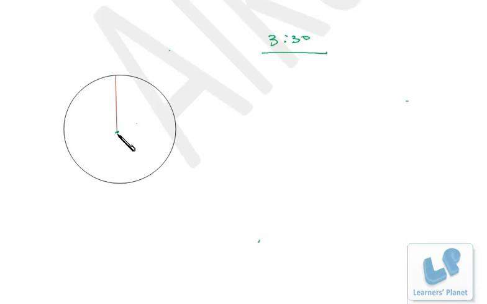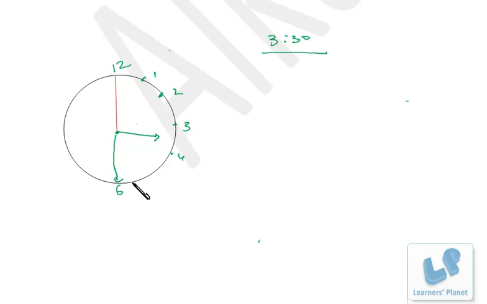Now to calculate this I have taken a baseline over here. It's 12 o'clock, right? At 3:30 this is 1, this is 2, this is 3, right? This is 6. So at 3:30 what will be the situation? This is 4. The hour hand will be somewhere here between 3 and 4, and the minute hand will be exactly at 6.